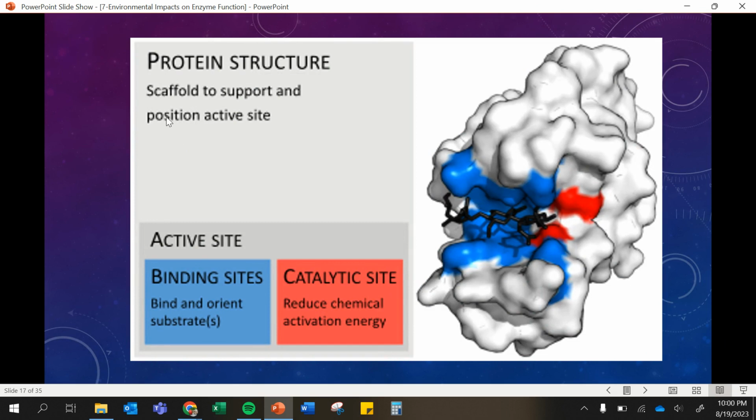Okay, so here we have, this is showing more of what a protein actually looks like. And the active site here, there's binding sites in blue and the catalytic site in red. These are going to help be where the catalyzed reaction takes place, but there's also binding sites to help orient those reactants.